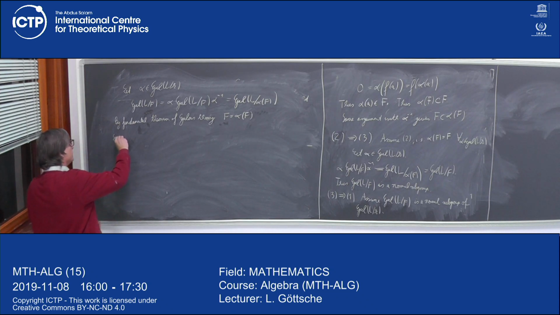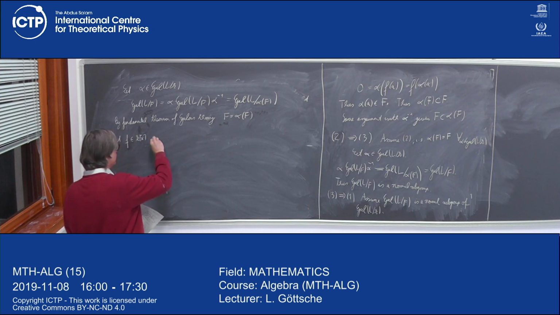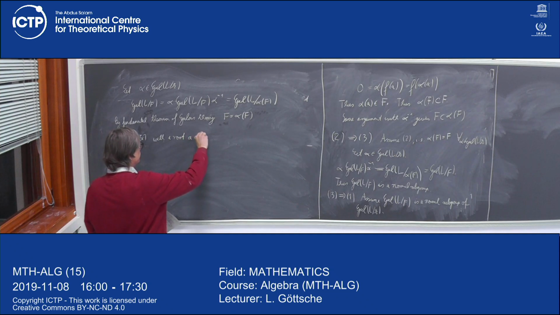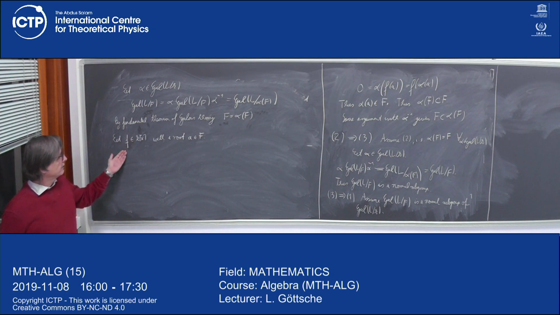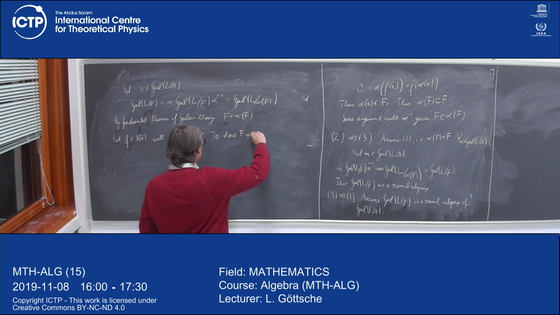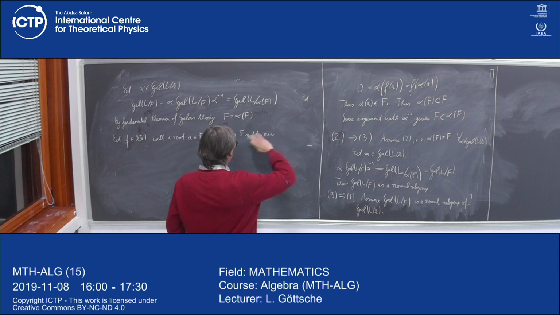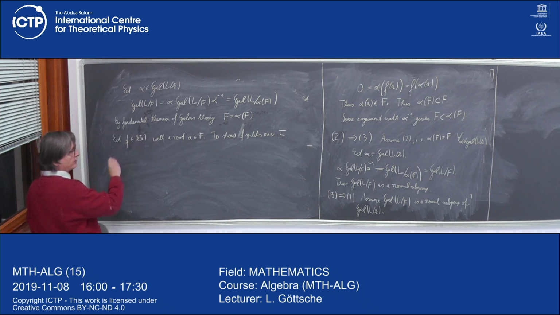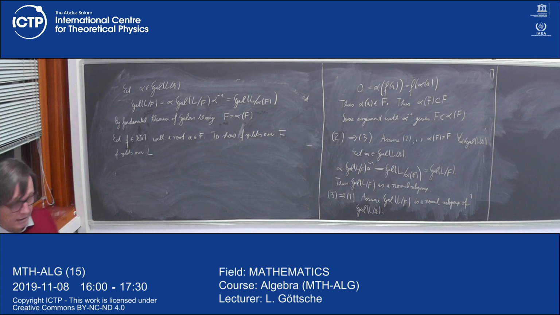Let small f be a polynomial with coefficients in the ground field K with a root a in F. Then we have to show that f splits over F. So we know that f splits over L because L over K is a Galois extension.